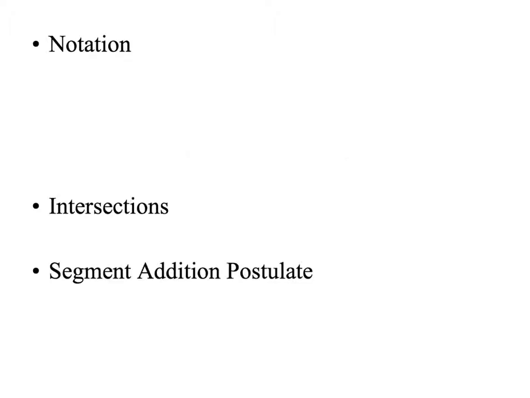All right, a couple things we're going to talk about right now is notation first. There's a couple things you have to be aware of, and it comes up quite a bit. First of all, when I see something that says this right here, it means line segment AB, or segment AB.